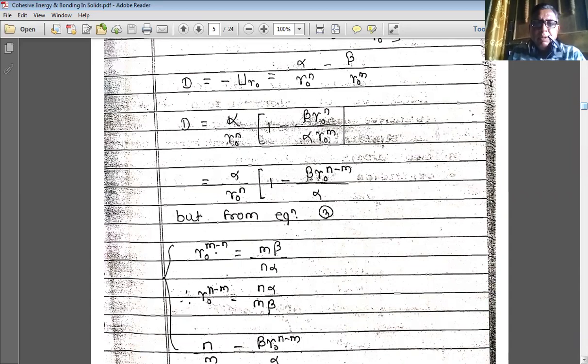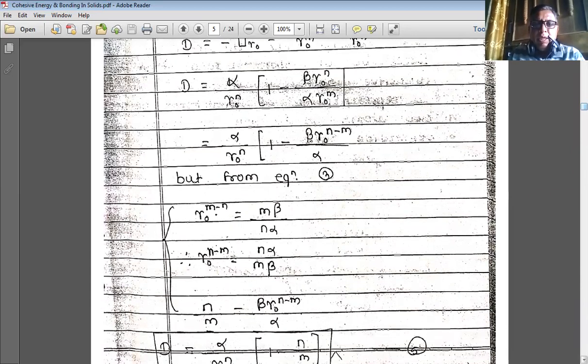Written this way, n upon m is equal to β r₀ to the n minus m divided by α.